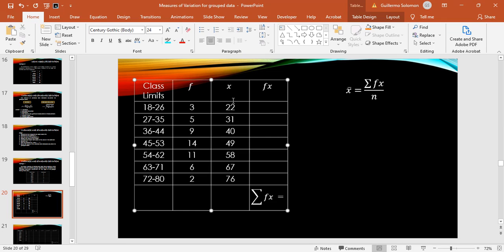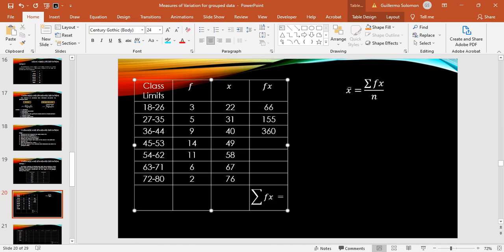Okay? So, sa last column, sabi, frequency multiplied natin siya kay class midpoint or the class mark. So, 3 times 22, that is 66. So, 5 times 31, that is 155. So, 9 times 40, that is 360.